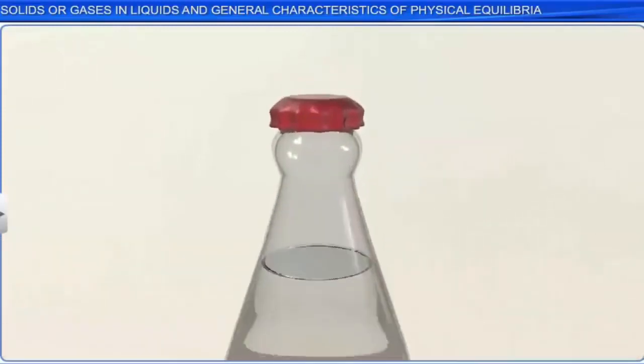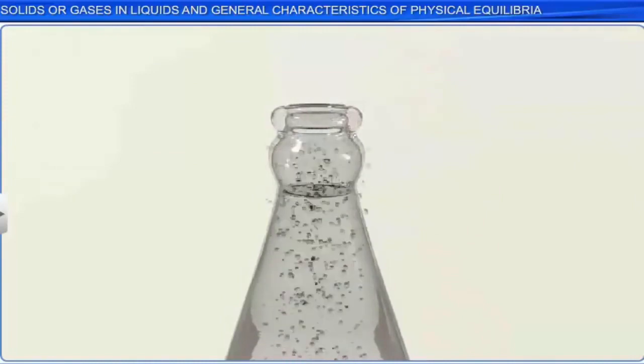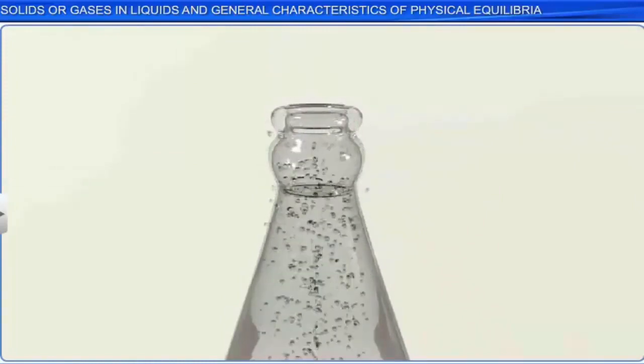Have you ever wondered why soda fizzes when opened? The fizz that bubbles up when you open a soda water bottle is carbon dioxide gas. The phenomenon of fizz you see in carbonated beverages is due to the difference in the solubility of carbon dioxide at different pressures.